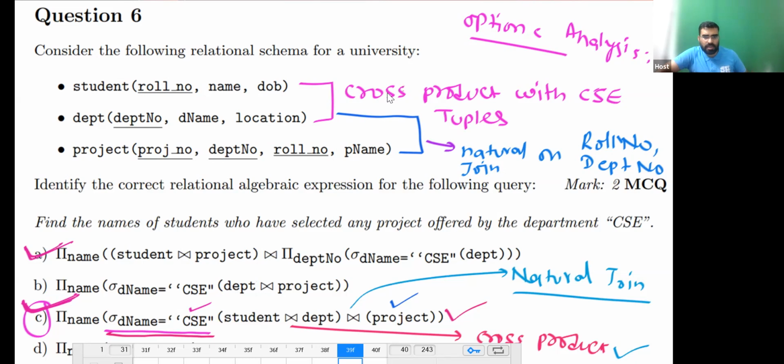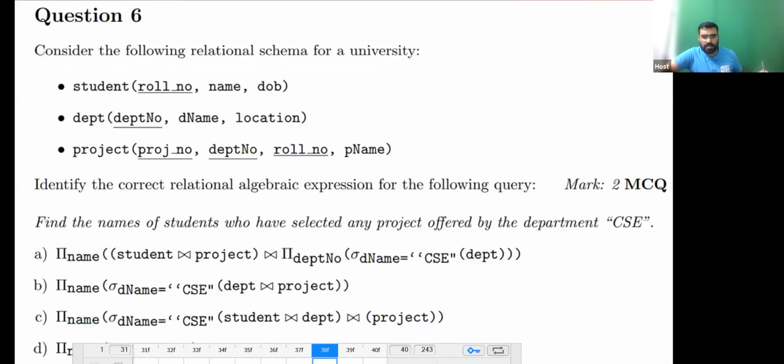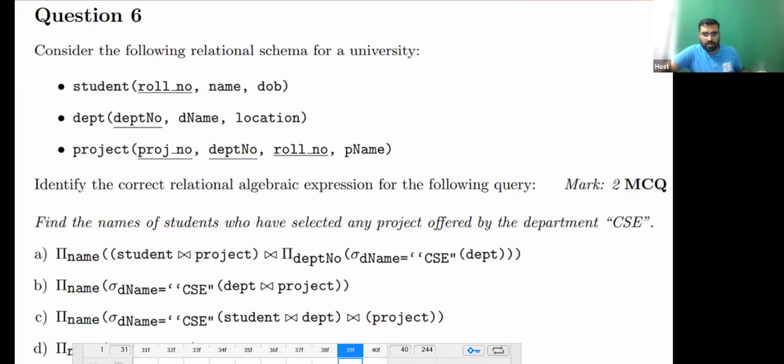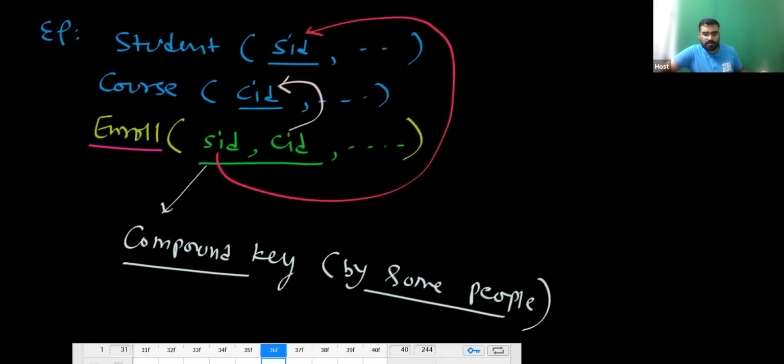But actually, no, Ekta, see, the unary operator has more priority. For example, if I give you this situation, something like R1 cross R2, and then natural join with R3.